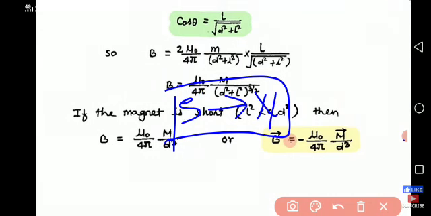But when we are calculating the magnetic field on the equatorial line, then its total direction is in opposite direction. That's why this negative sign is here, because direction of total magnetic field on the equatorial line is opposite to the direction of magnetic field inside the magnet.